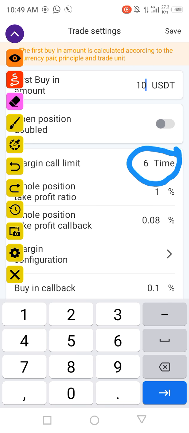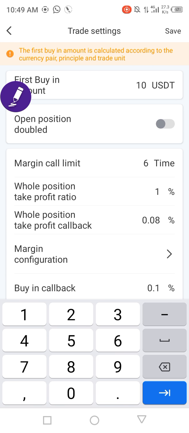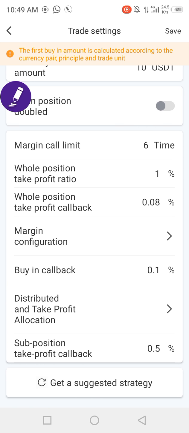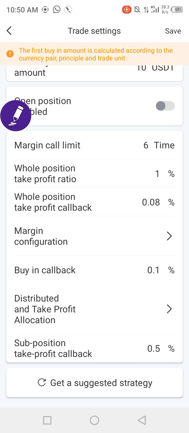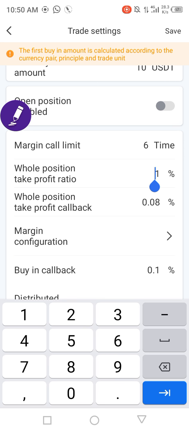All right. Having said that, the next thing we will look at is hold position, take profit, 1%. But we can say 1.1% or 1.3%. Okay, but 1.3% is standard, is okay.